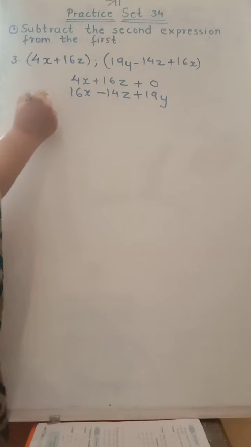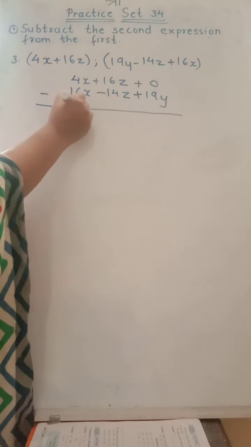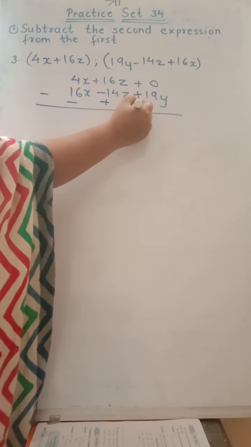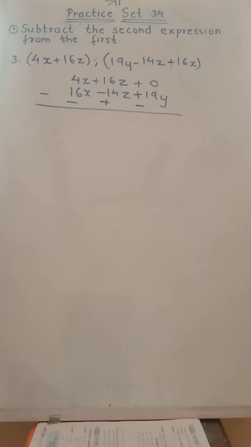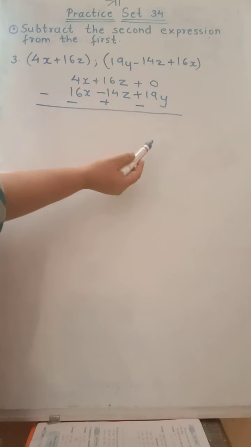Now subtraction. Did you understand how to arrange the expression? Now we will change the sign of the second expression: minus plus minus, minus minus plus, minus plus minus. Plus minus will be minus only.